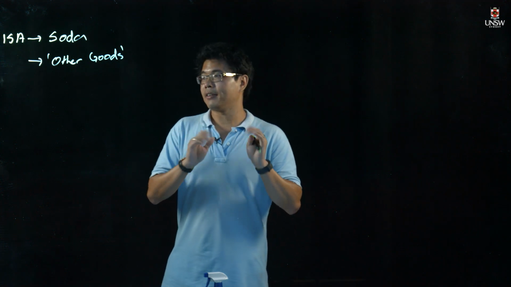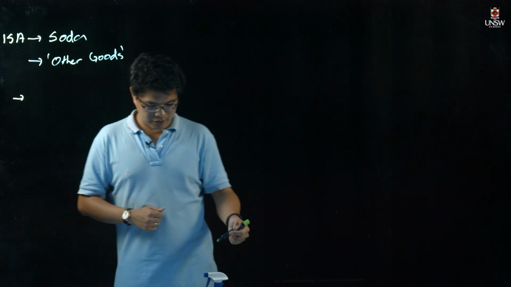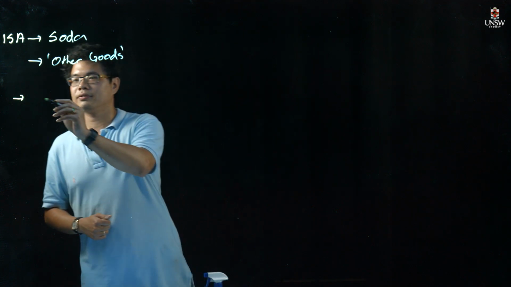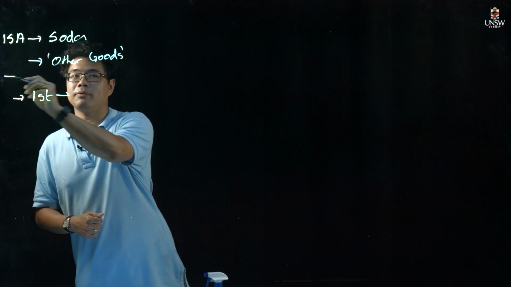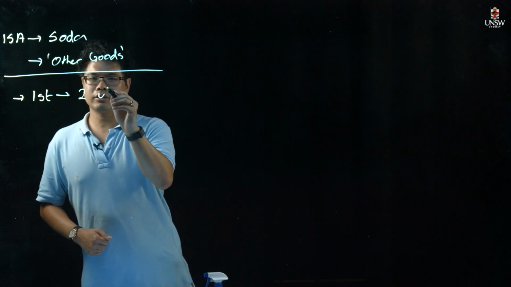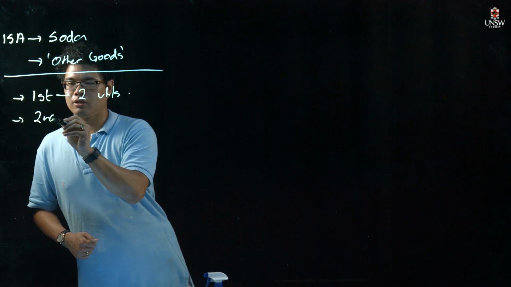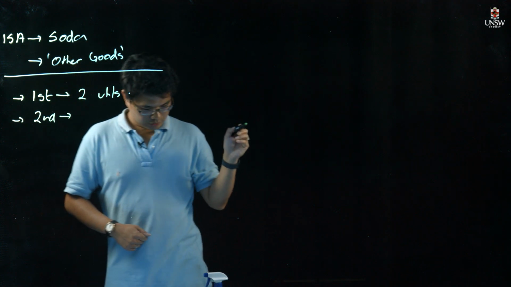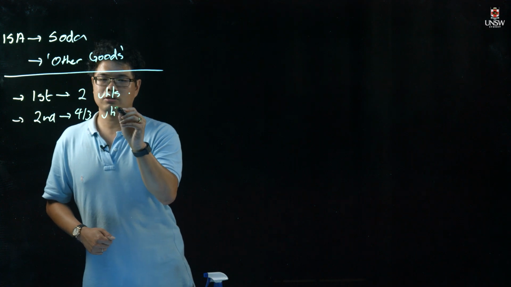But let's stick with this example, and let's say that for the first unit of soda, Isa is quite happy because it's sugar. She gets 2 utils. For the second unit of soda, she would then get 3 utils.